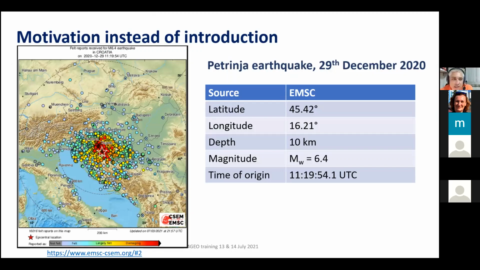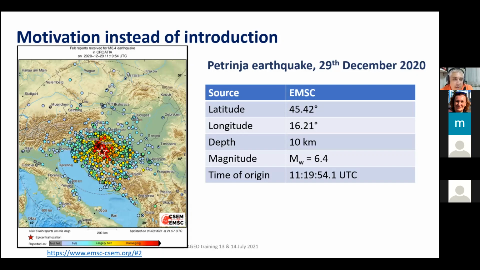what was presented yesterday. This is a map provided by the European Mediterranean Seismological Center, showing the area where the earthquake which took place near Petrinja in the Banja region was felt.